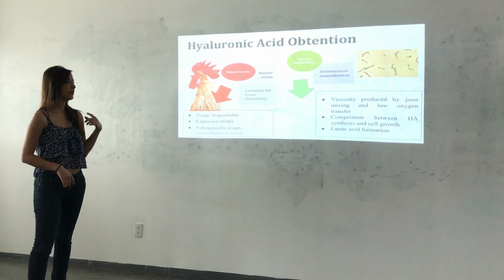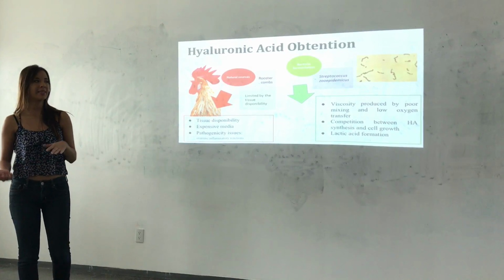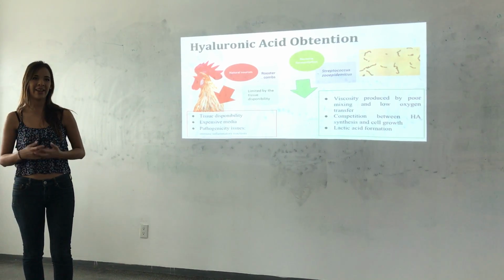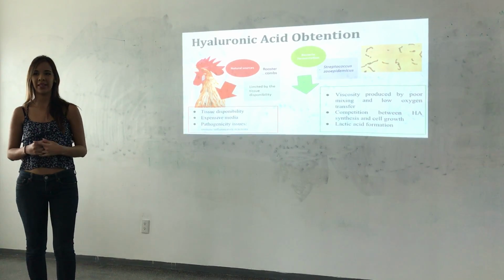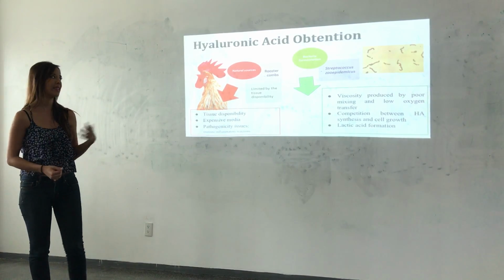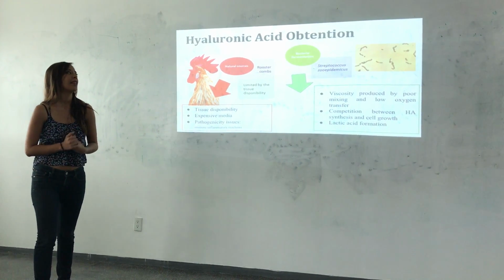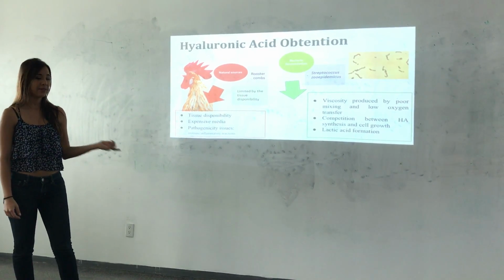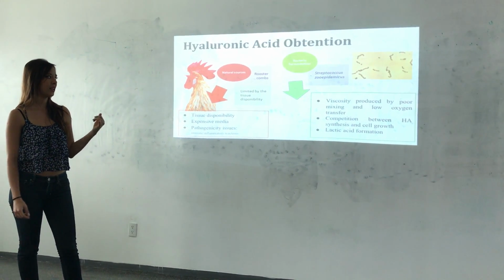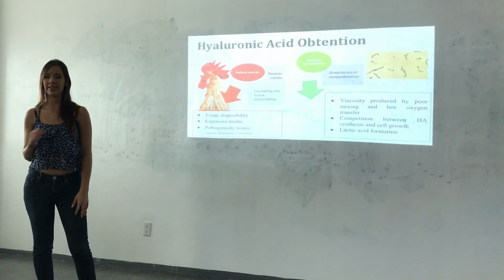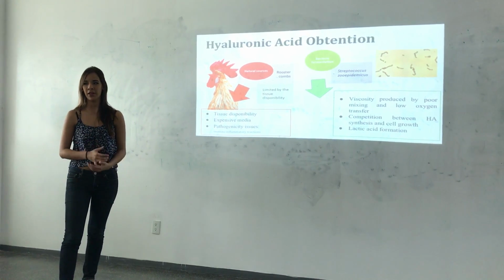Then, because of these problems, scientists thought of another way to obtain hyaluronic acid, and this is by Streptococcus zooepidemicus. The disadvantage of this source is that it has a lot of viscosity produced by poor mixing and low transfer of oxygen.